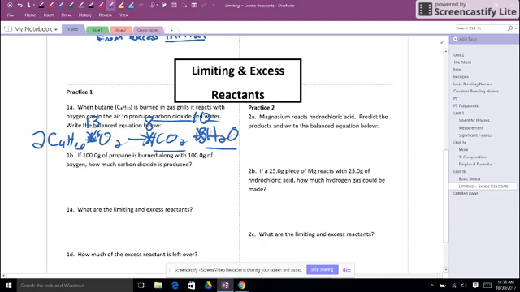Now the question says, if 100 grams of butane is burned with 100 grams of oxygen, how much CO2 is produced? So let's go from both of our reactants, 100 grams of butane, to product, grams of CO2. This is a 3-step problem. We're going to start with the molar mass of the given on the bottom.